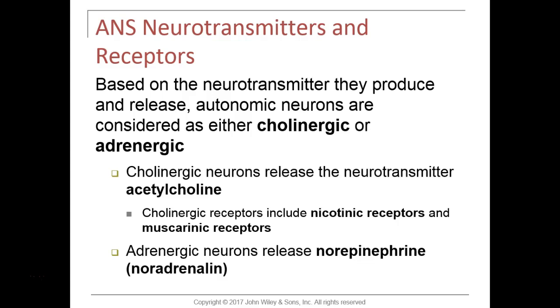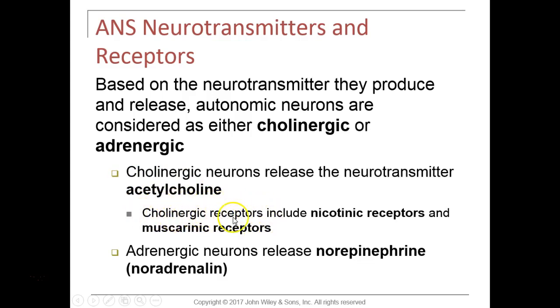So any neuron that releases acetylcholine as its neurotransmitter is referred to as a cholinergic neuron. So all neurons that release acetylcholine are cholinergic. All receptors that bind to acetylcholine in the body are called cholinergic receptors.